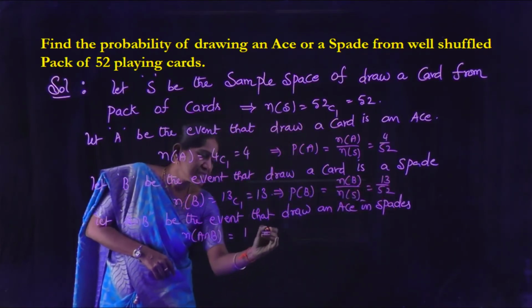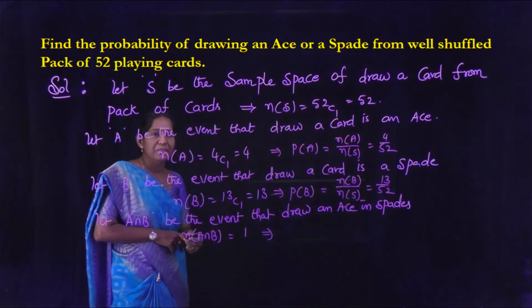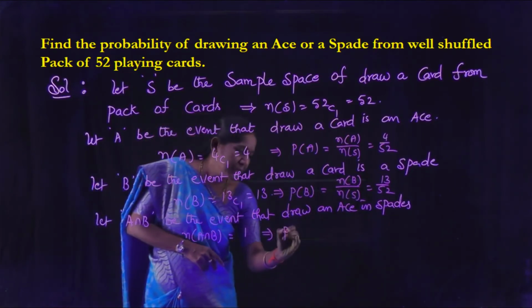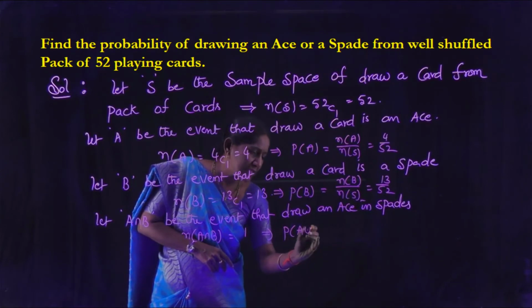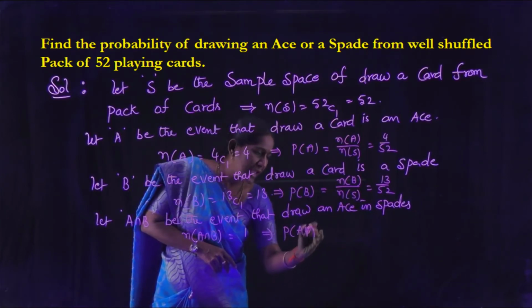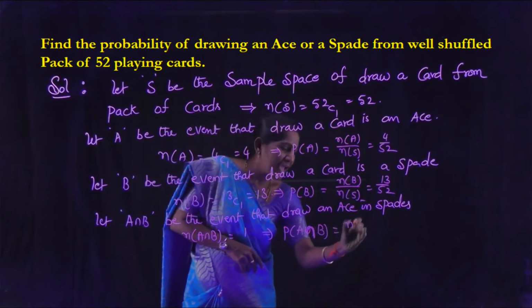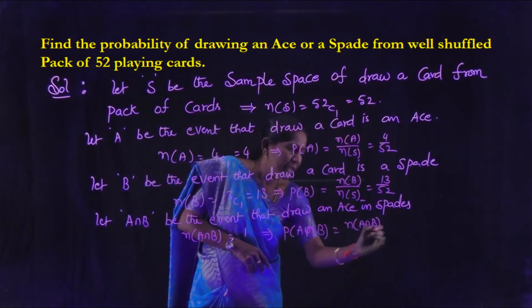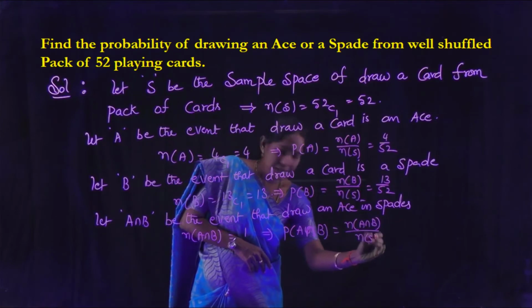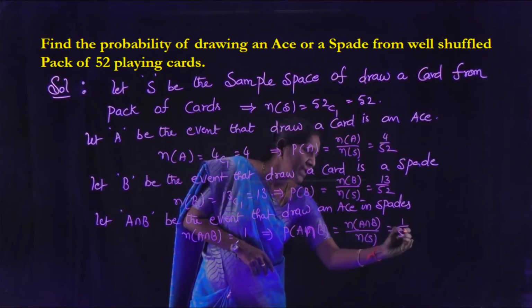And from N of A intersection B we can write P of A intersection B. That is N of A intersection B by N of S. That value is 1 by 52.